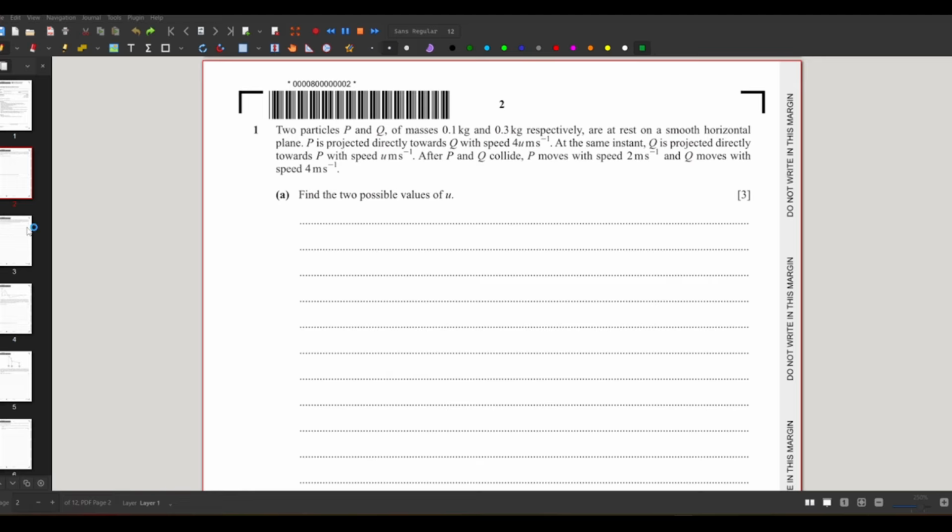Now let's see. First, I will make a small sketch to understand better.